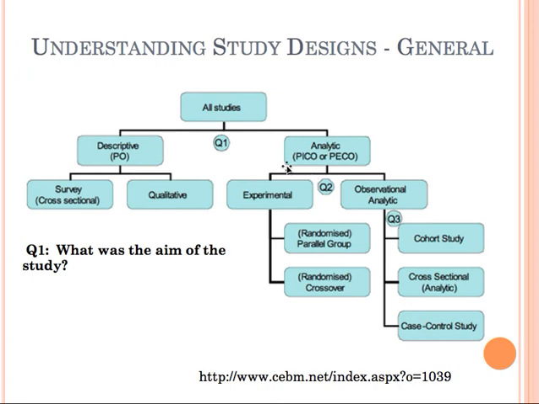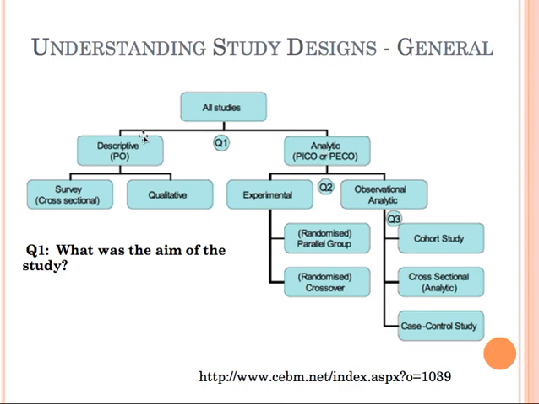So one thing that's useful, I would recommend that you go to the Center for Evidence-Based Medicine website and read this one-page summary of studies. And basically what you can see here is they identify 3 questions for you to ask to determine what the study design is. The first question is, is the study analytic or is it descriptive?